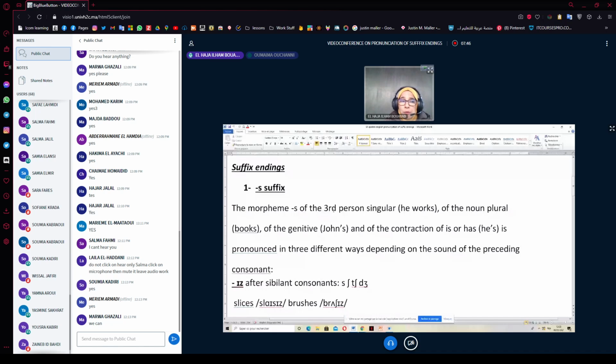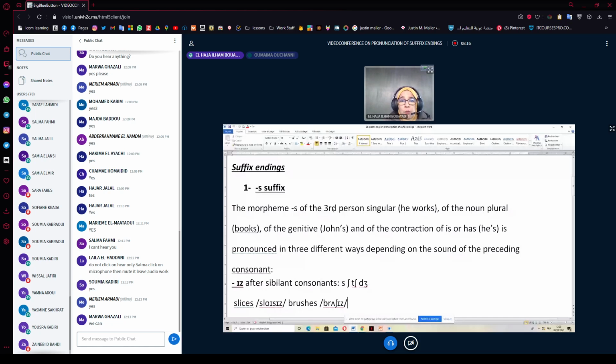Like when I say he works, if I divide the word works into two parts, I can say work, a free morpheme, and S, a bound morpheme. This bound morpheme S is called a suffix because it occurs at the end of the word. A bound morpheme attached to the end of a word is a suffix.